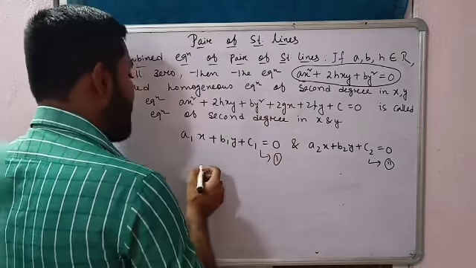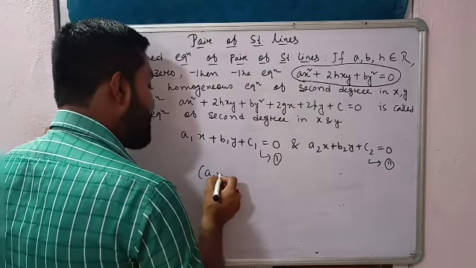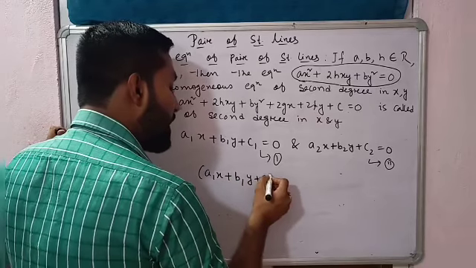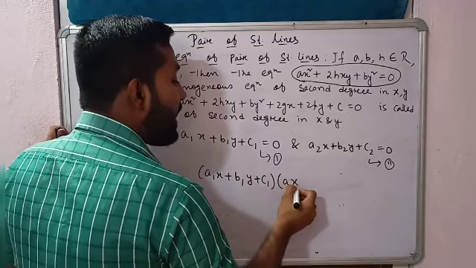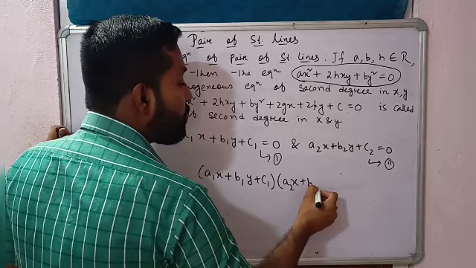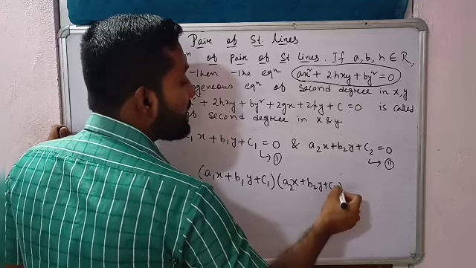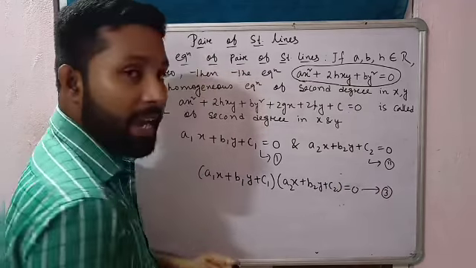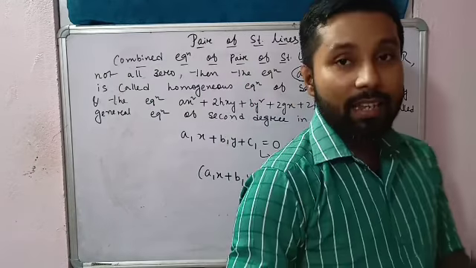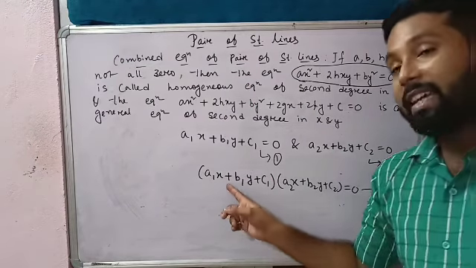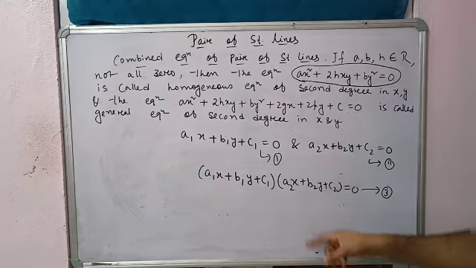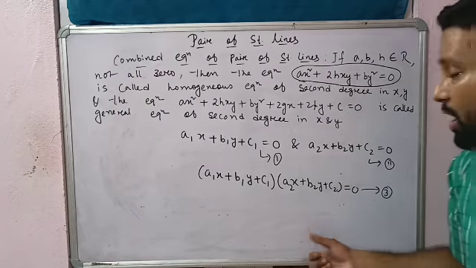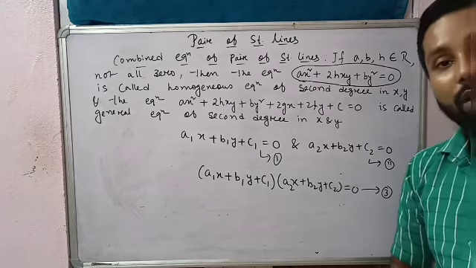Then the point P satisfies the equation a1x plus b1y plus c1 whole into a2x plus b2y plus c2 is equal to 0. This is the third equation. Okay, the point P must satisfy this equation, right?